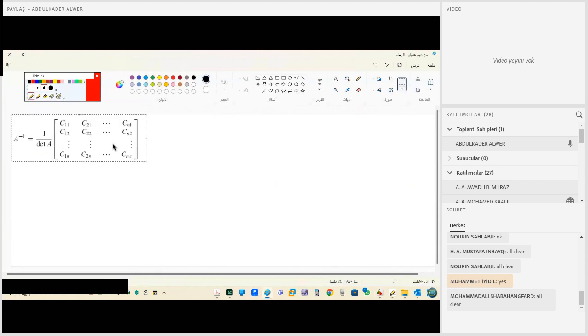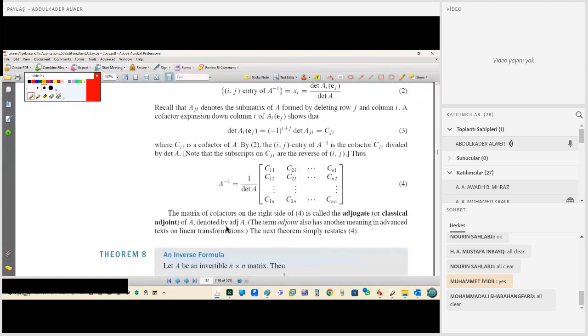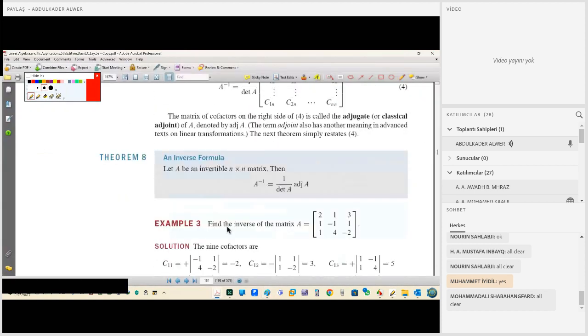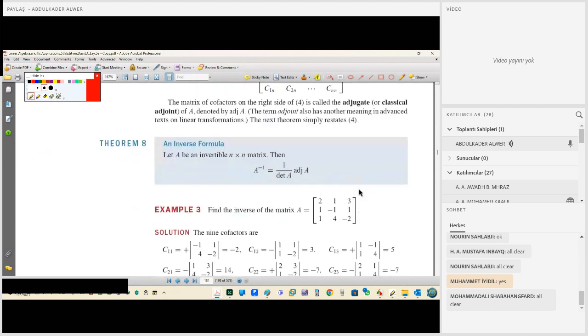A minus 1 is 1 over det A, C11, C12, C1n, and so on. Okay, how can we use this method? First of all, this is called the cofactor. The cofactor Cij divided by det A, or we can call this the adjunct or classical adjoint.